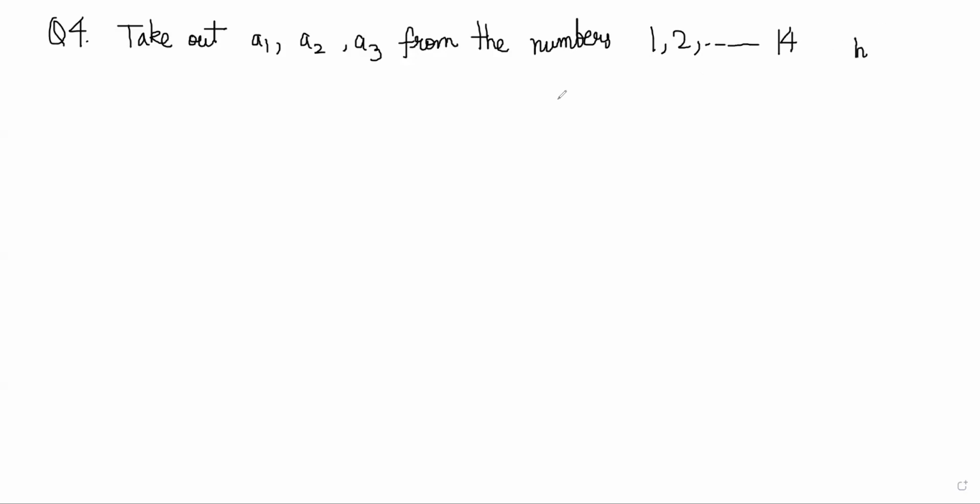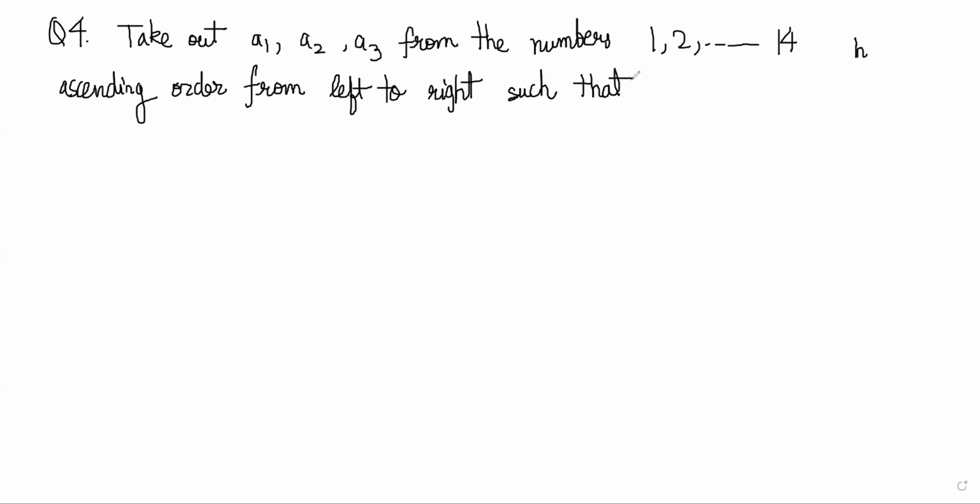Take out A1, A2, A3 from the numbers 1, 2, 3 till 14 in ascending order from left to right, such that A2 minus A1 is always greater than or equal to 3 and A3 minus A2 is always greater than or equal to 3.